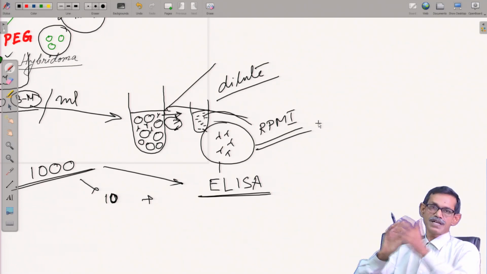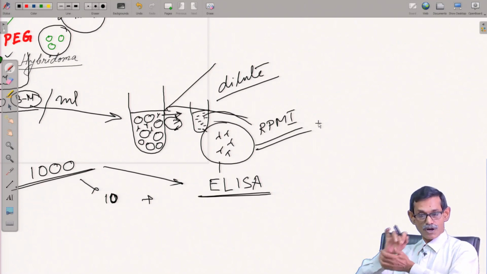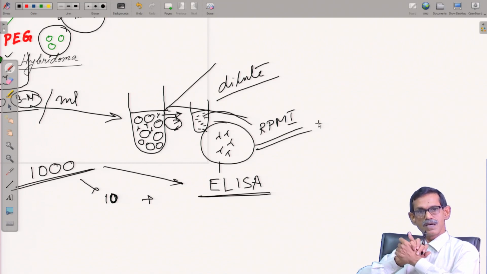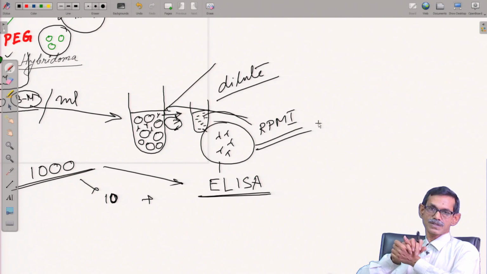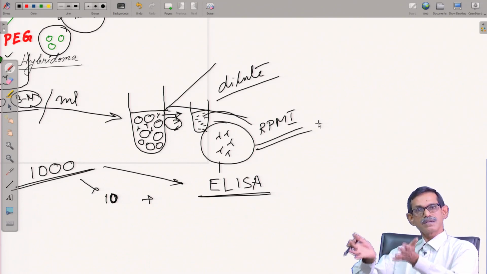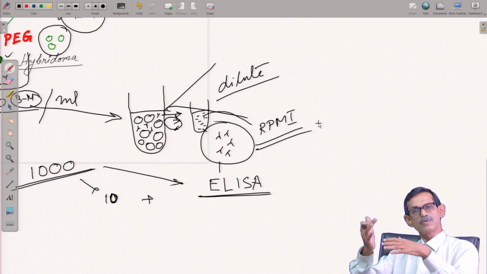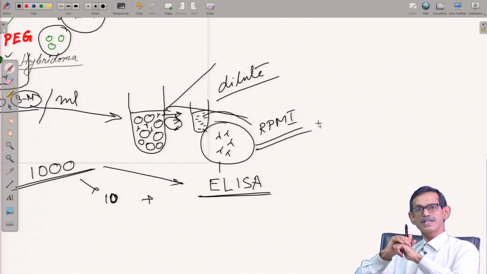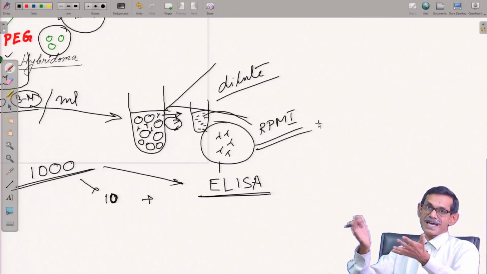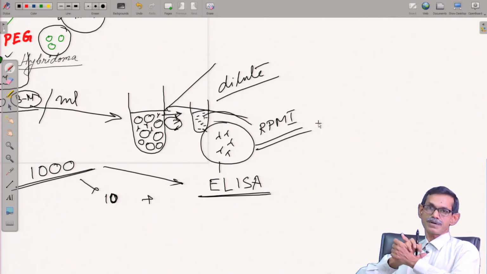There are varieties of bioreactors available. Normally in this case, the hybridoma cell line we grow in a hollow fiber bioreactor. In that case we can increase the volume, produce more, and separate or purify the antibody, and that can be used for different purposes.